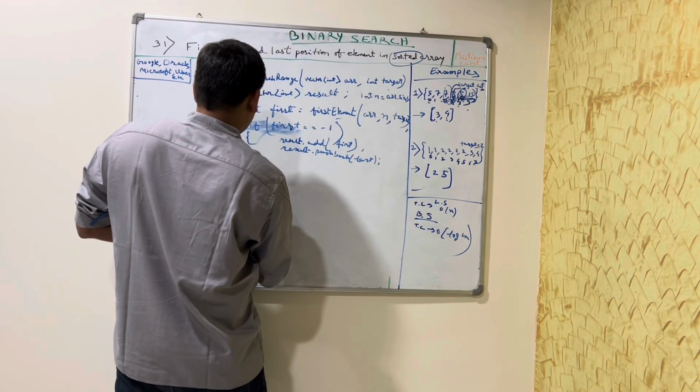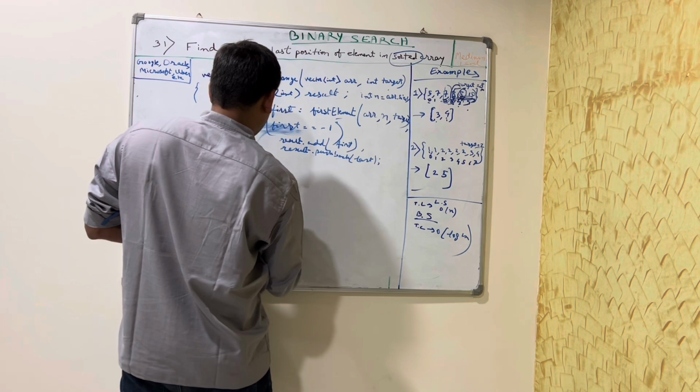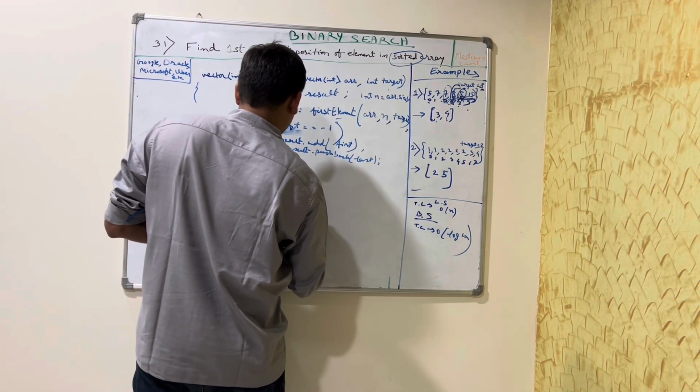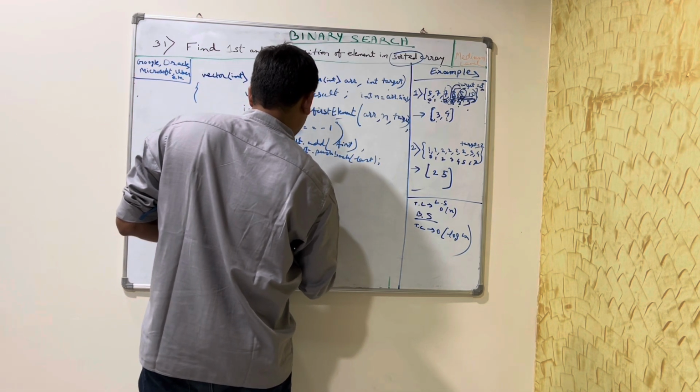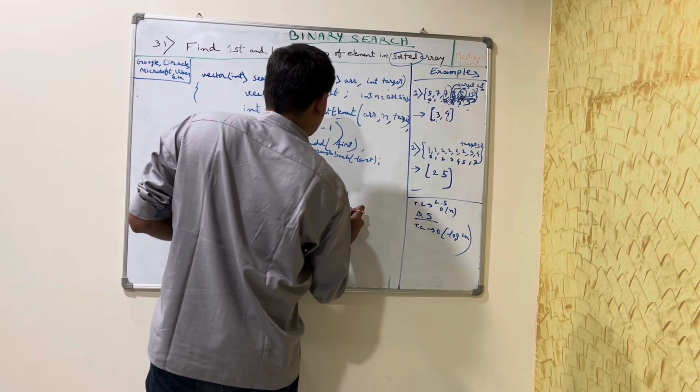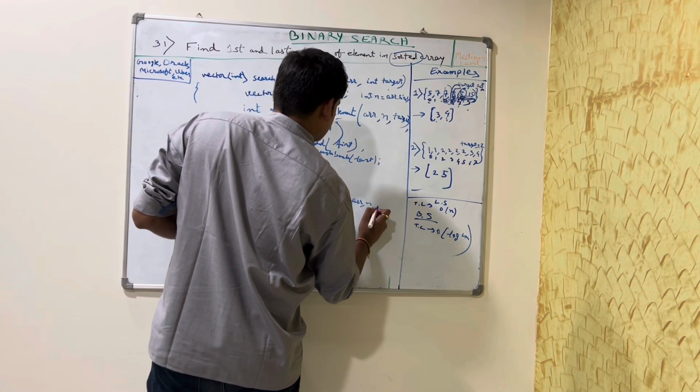But if we have got the first element, then we need to find the last element as well, say last occurrence, right? And we will return the last.